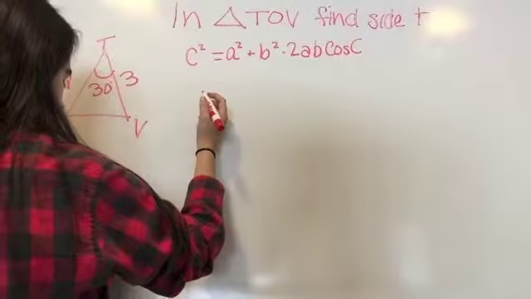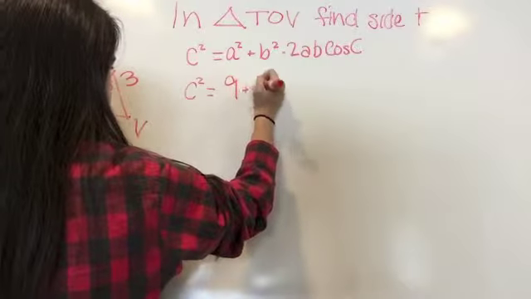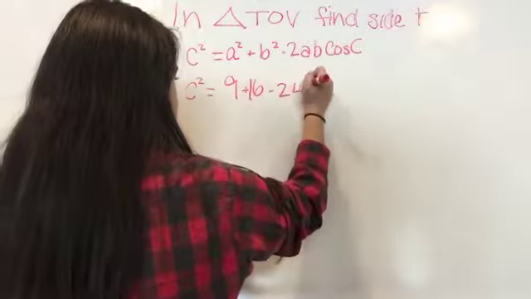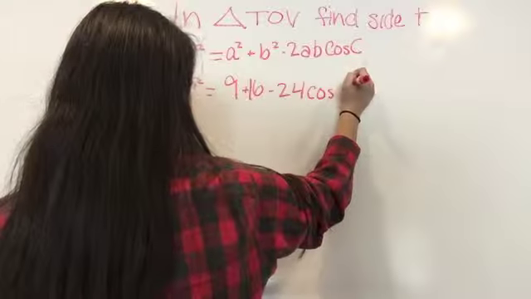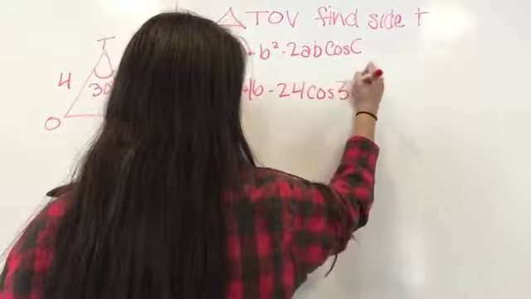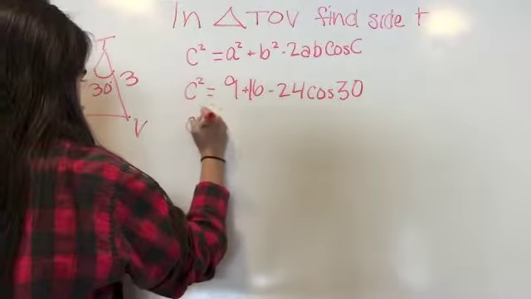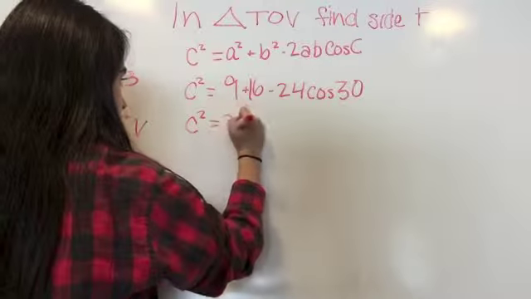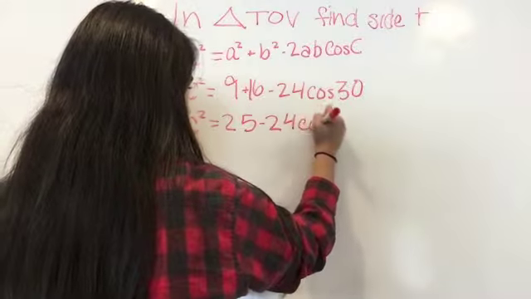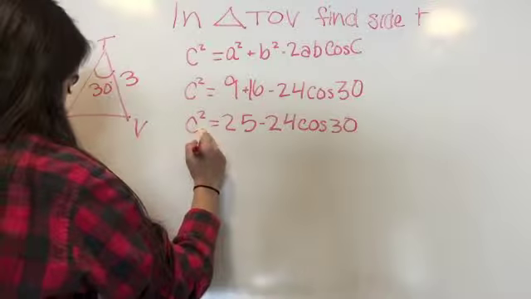When we fill in our values, we get c squared equals 3 squared plus 4 squared minus 2 times 3 times 4 cos 30. As we solve it algebraically, we find that c squared equals 9 plus 16, because 3 squared plus 4 squared equals 9 plus 16, minus 24 cos of 30, because 2 times 3 times 4 is 24.